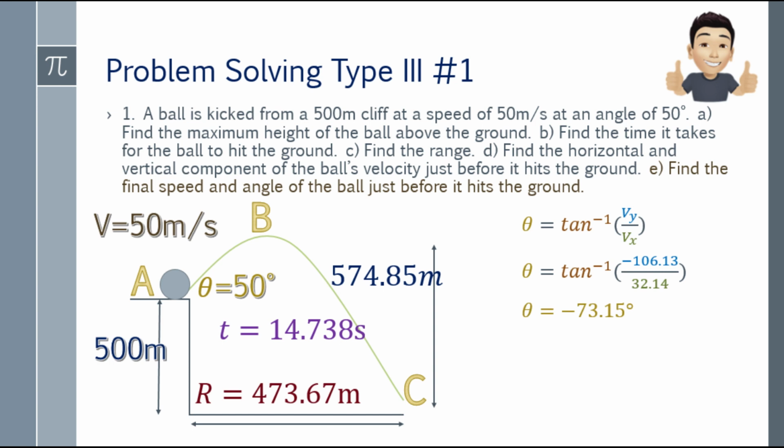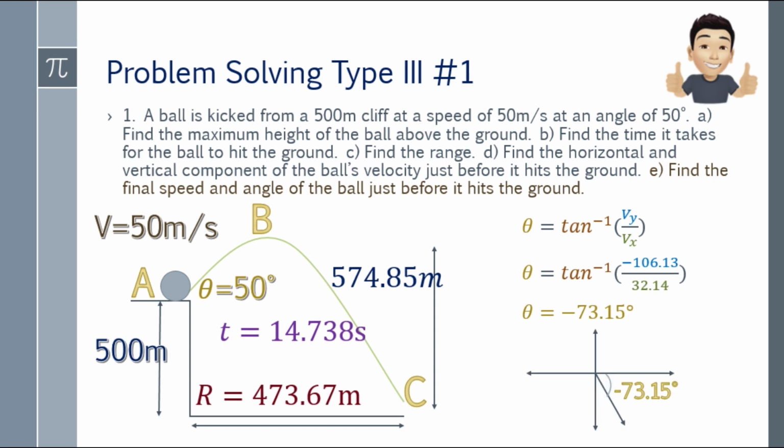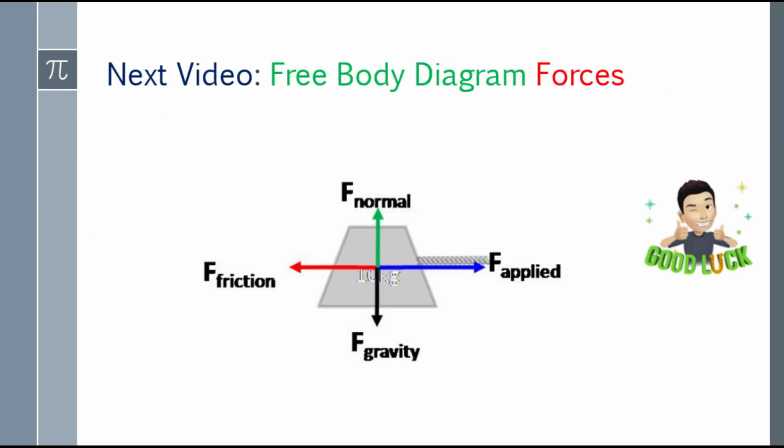You have to keep the negative sign because angle is a vector quantity. So theta is negative 73.15 degrees. On the screen, in the lower right, because it's negative, you have to go clockwise, still relative to the x-axis. It's negative 73.15 degrees. And that's the end of the video about projectile motions.